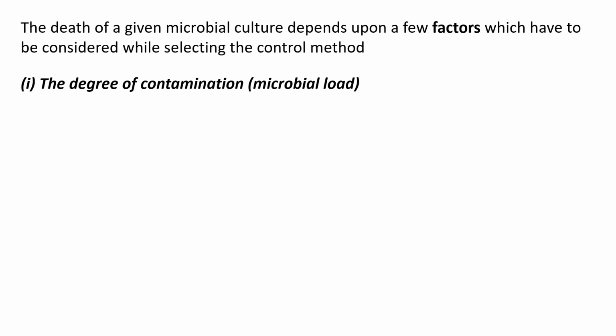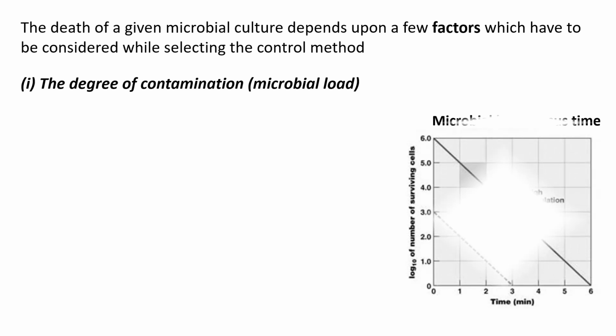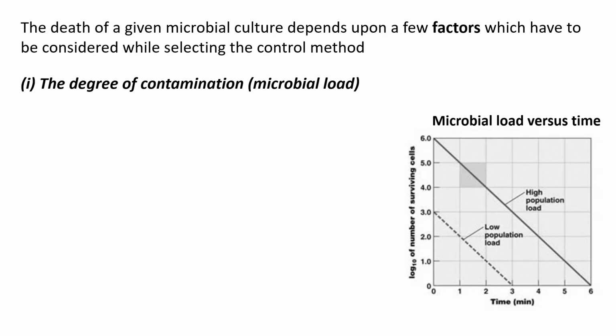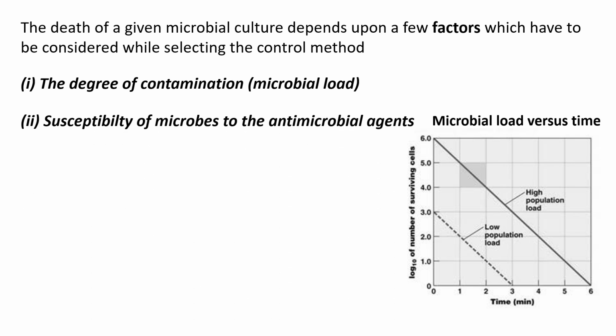The more the microbial population, the more time it will take for sterilization. A high population load will require more time as compared to a low population load as shown in this figure. The second factor is the susceptibility of the microbes to the antimicrobial agents.